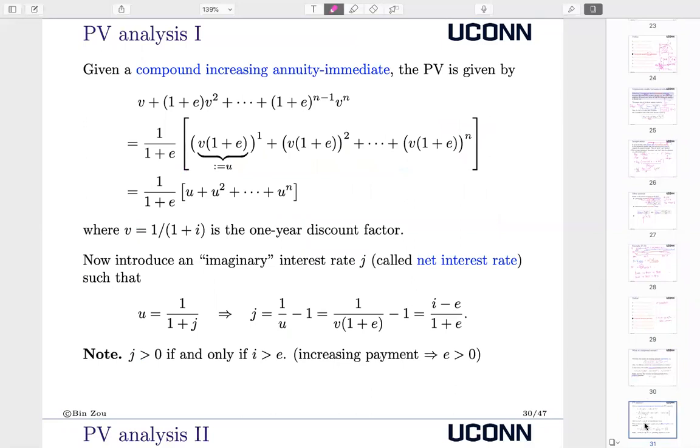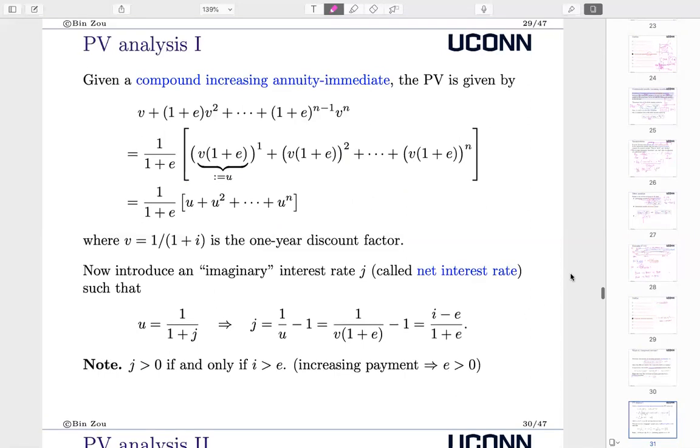Let's find some place to draw the timeline. So at time 1, payment is 1. At time 2, payment is 1 plus e. At time 3, payment is 1 plus e squared.